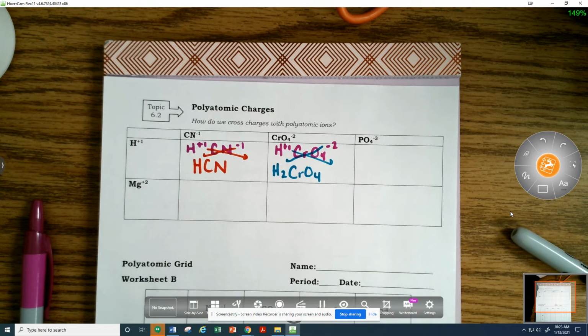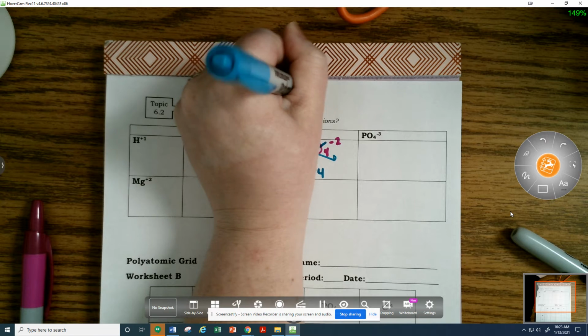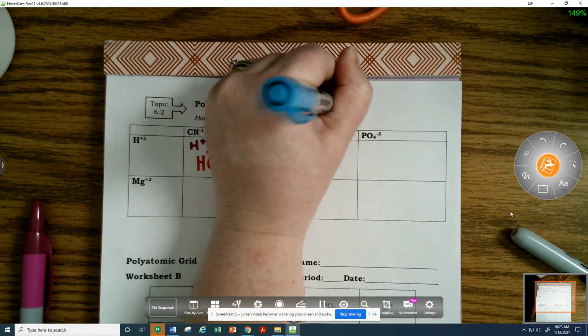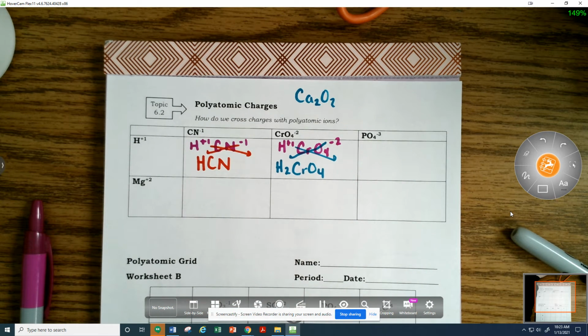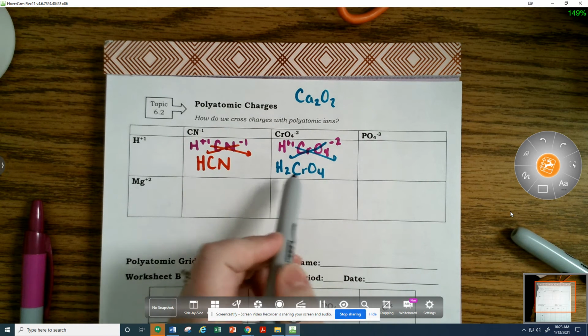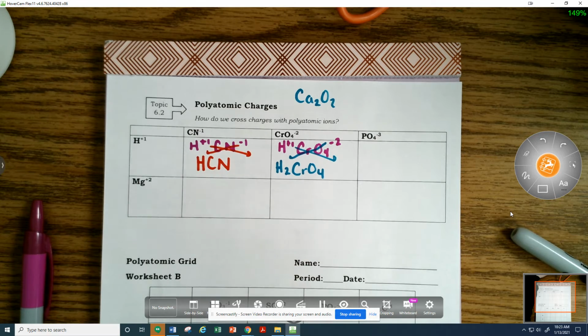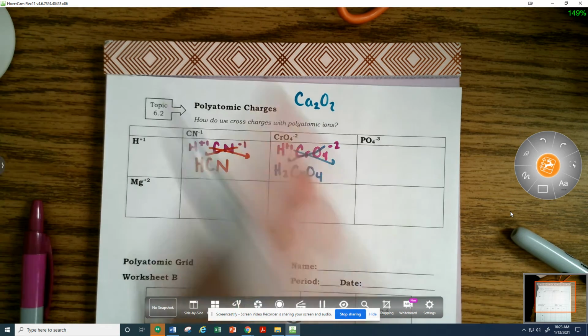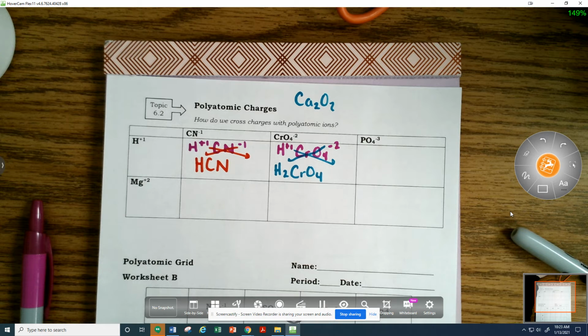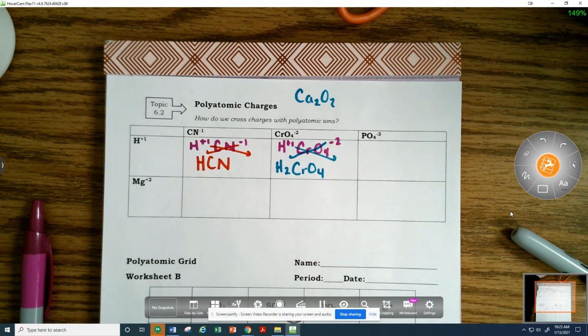We did talk about simplification, and where we had something like Ca2O2, we were able to simplify that because all of the subscripts were divisible. Now here we have 2 hydrogens, 1 chromium, and 4 oxygens, so we cannot simplify. You never change the formula of a polyatomic. You only simplify the subscripts that arise from charges. So the 1 and the 2 don't simplify.